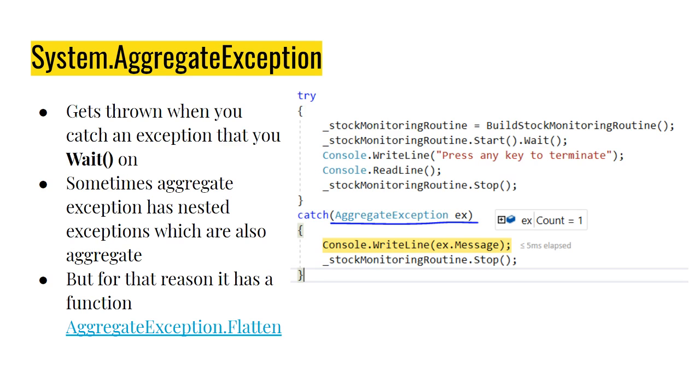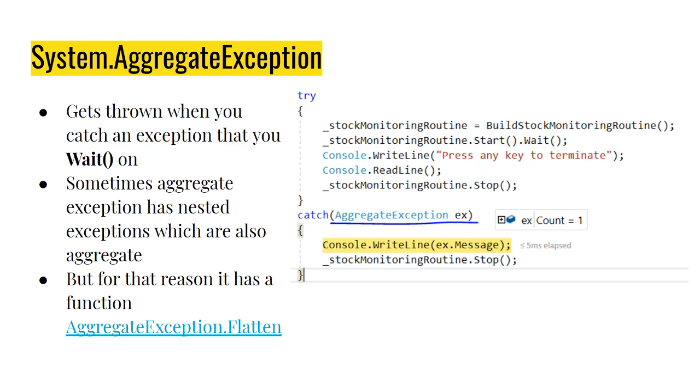So this is the exception, and as you can see, you have one exception as a counter. If something went wrong once, you will have one exception nested within an aggregate exception. If something went wrong more than once, the counter would accordingly be 2, 3, or more. And a thing to note, sometimes you have exceptions which are nested.